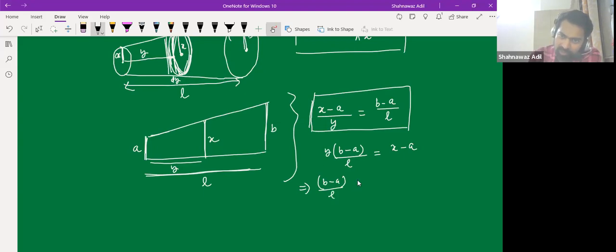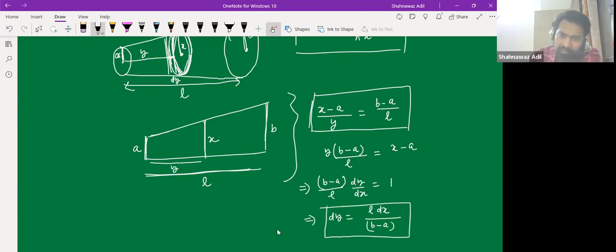This would be dy by dx, and this is dx by dx, which is 1, and this is 0, since it is a constant. So we will get dy equal to dx L divided by (b minus a). Is this part clear?